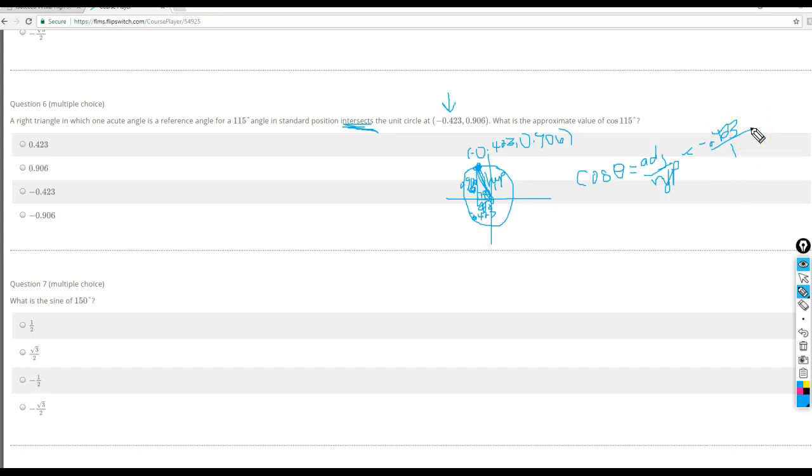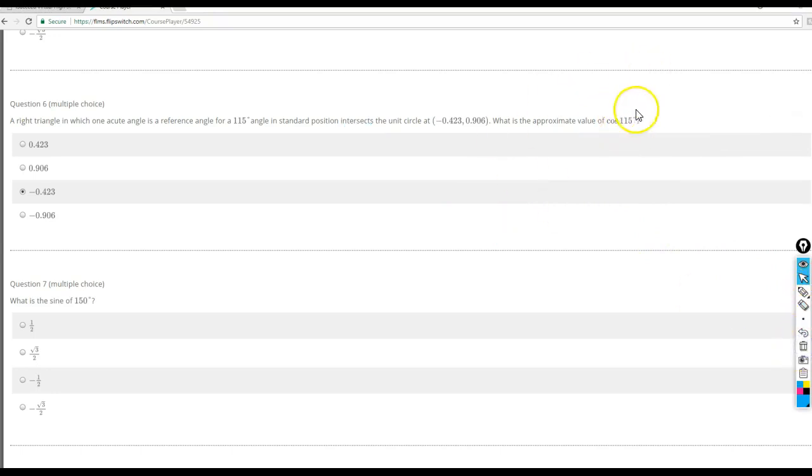It's like saying you have 5 apples, now put them into one group. How many apples do you have? You still have 5 apples in one group. You didn't have to separate them. So our answer is negative 0.423. And that's just how you can do it if you forgot the relationship between the x-coordinate and cosine.